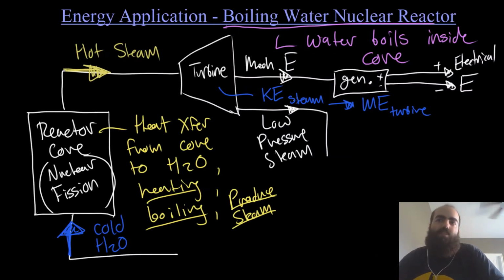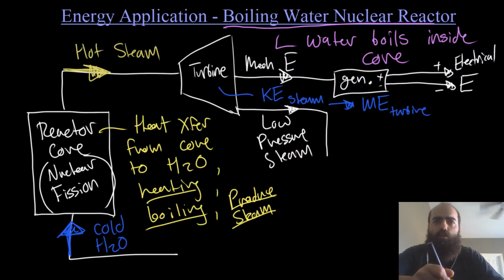In this case, it's just steam that's making the turbine move versus water making the turbine move with our hydroelectric power plant, or air making the turbine move in the case of our wind turbine. That energy gets taken out. Now your steam has less energy than it had, so it's basically a steam with a low pressure.